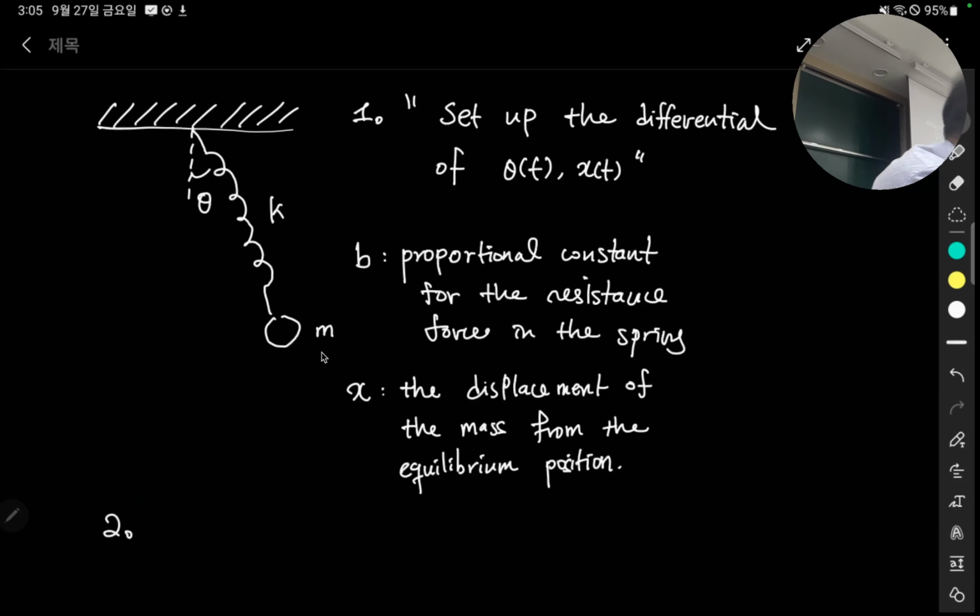And the second task: maybe x is not a good way to do it, so let's put L here. Small l is the displacement from the equilibrium position, since x is a little misleading.